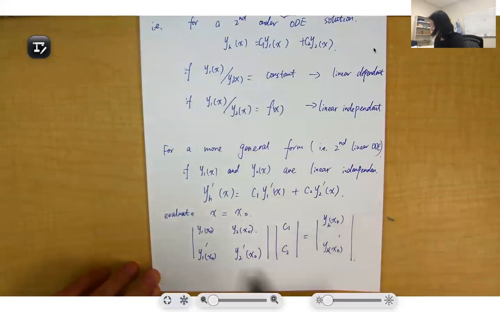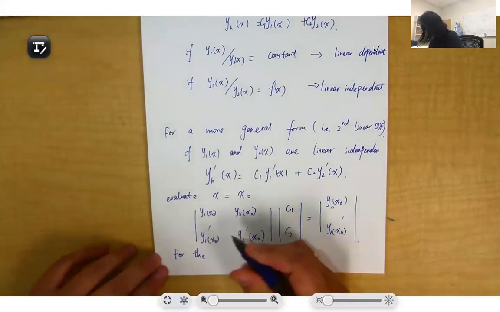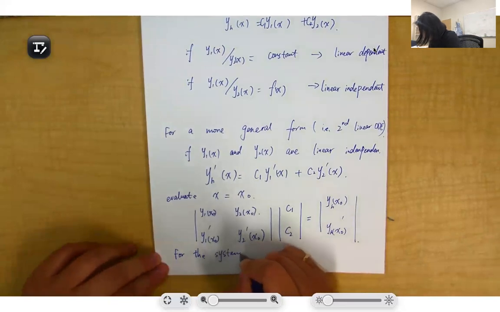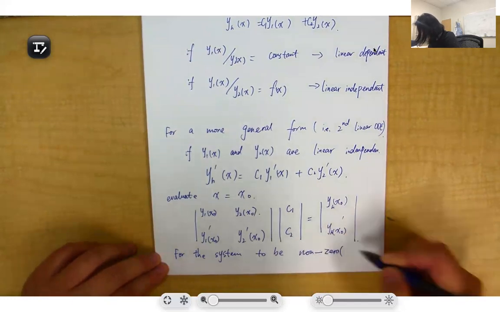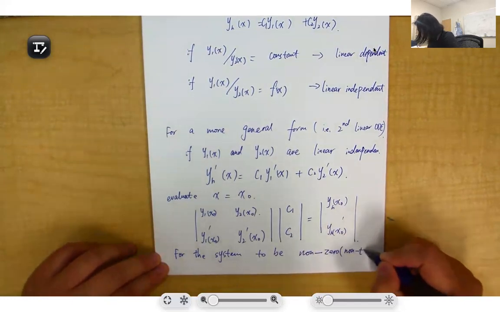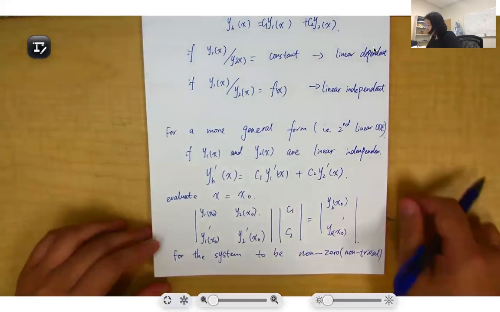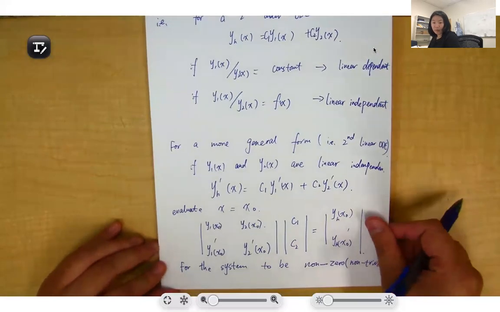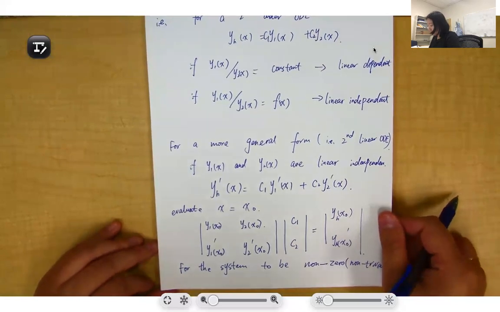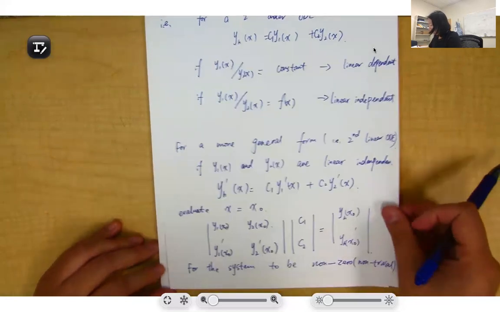Then in order to make this equation have non-zero solutions for the system, or you can say non-trivial, it's the same thing, non-zero equals non-trivial. Then in order to let this equation be non-trivial or non-zero, we need the determinant of this part to be non-zero, okay?